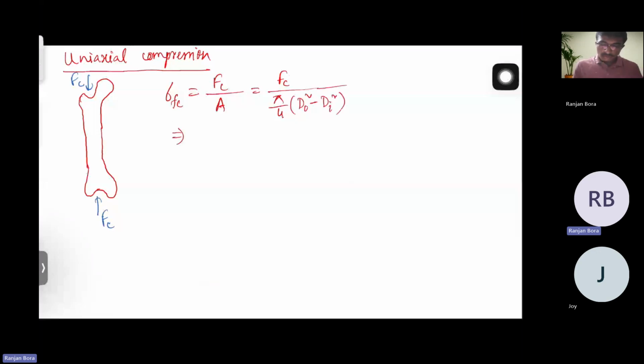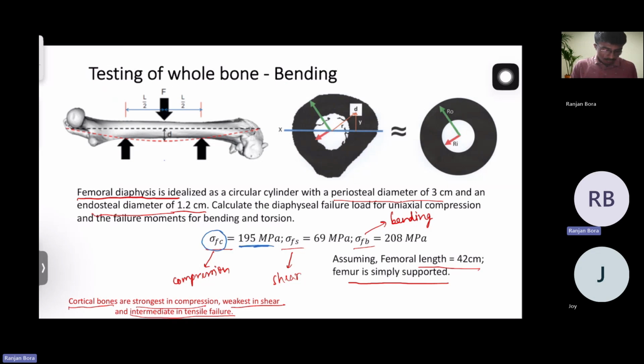Now if we substitute, sigma FC is 195, equal to F_C divided by pi by 4 times the diameters. The outer diameter is 3 centimeter.